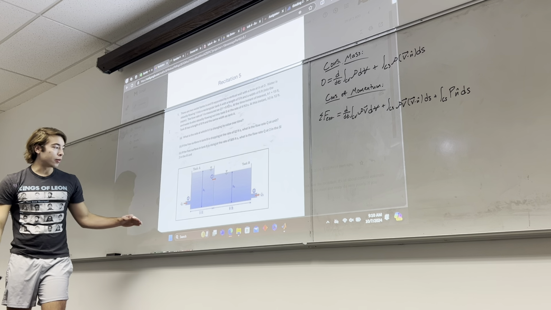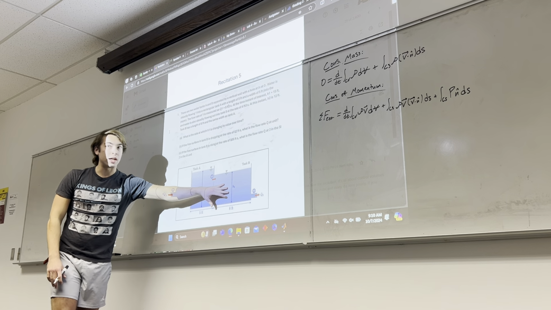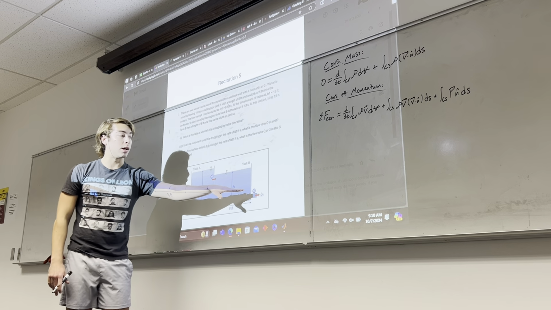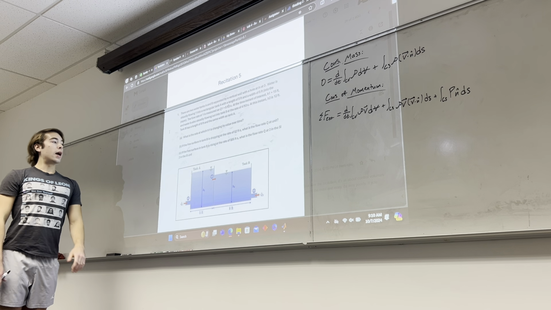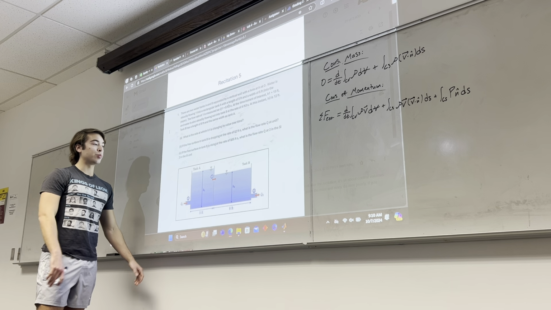You've got fluid coming into this tank, fluid coming through this hole into this tank, and then fluid coming out of that tank. And these are the heights of the tanks, respectively.